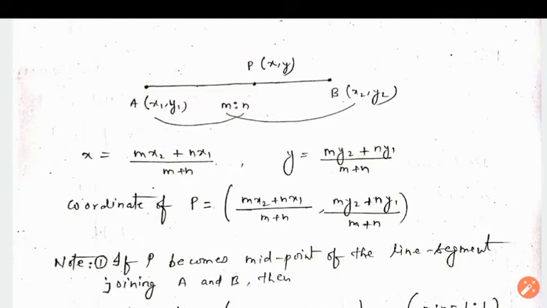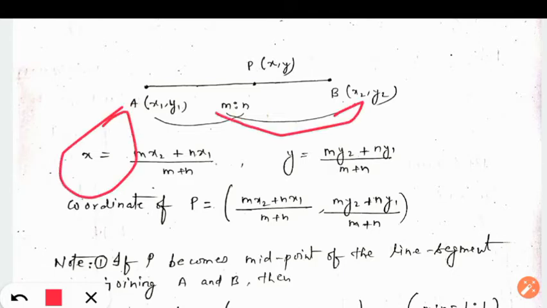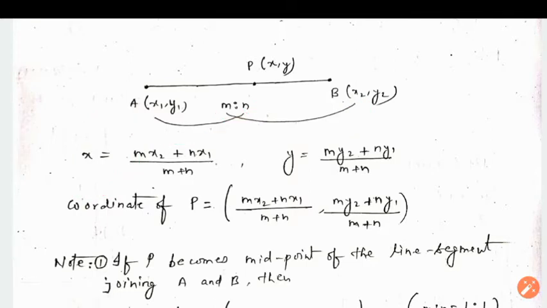So the formula says, in order to find the x part or abscissa of point P, first m will multiply with the x part of the coordinate of B, and n will multiply with the x part of A. So what we will get? We will get (m x2 plus n x1) divided by the sum of the ratio, m plus n.